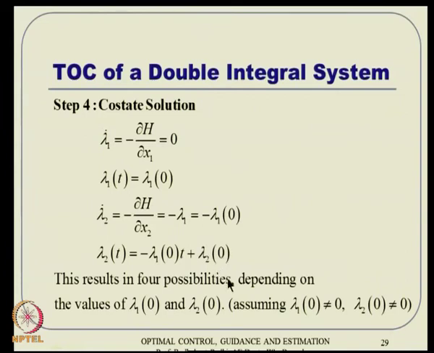So, in a time versus lambda 2 plot, it is guaranteed to be a straight line. Depending on the situation, it can slope one way, slope the other way, or be just a constant.